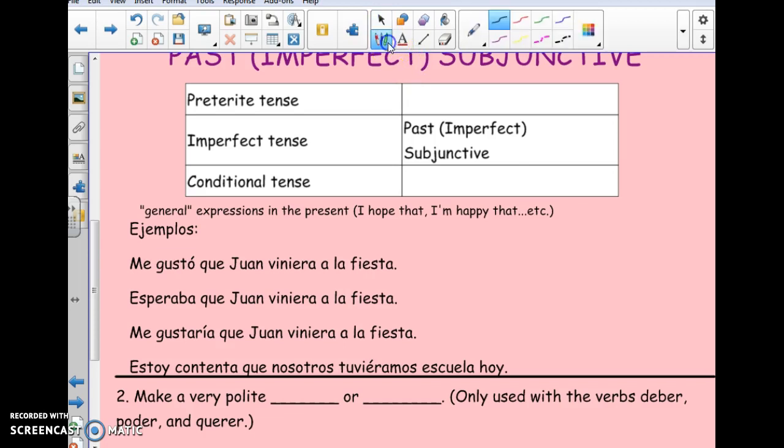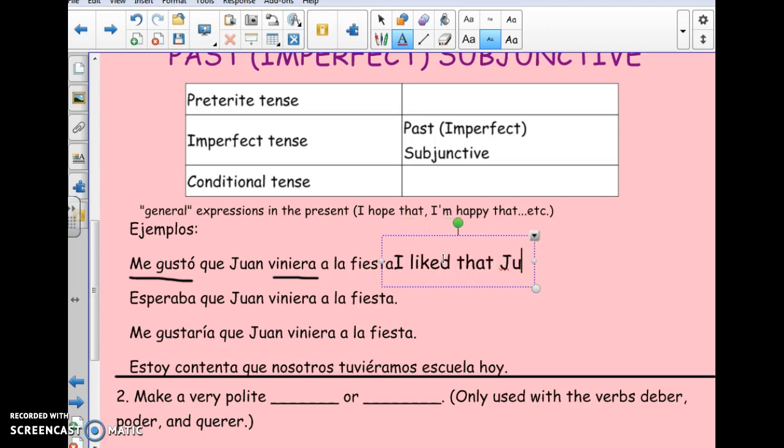So just to show you some examples of that, this first one starts with "Me gustó que Juan viniera a la fiesta." That one starts with a preterite verb, "me gustó." So what that says is, I liked that Juan came to the party.